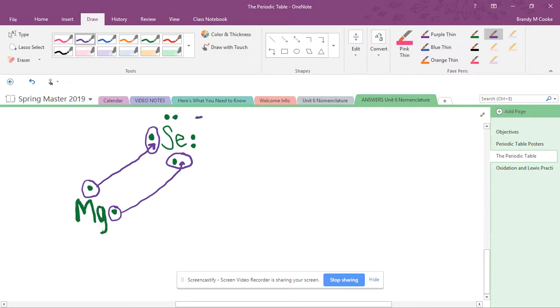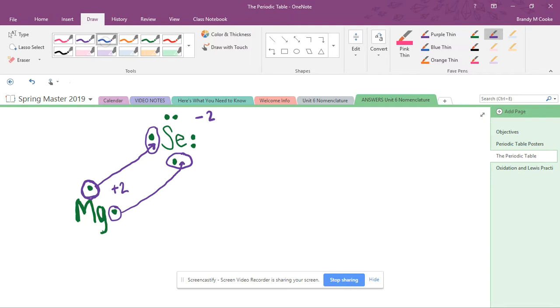Selenium is happy with a -2 charge, right? Because he has 2 extra electrons. Magnesium is happy now with this +2 charge because he got rid of those 2 electrons, and they can go together and become magnesium selenide. And again, the compound that they make isn't important. What I need you guys to see is just how easily we can visualize that exchange.